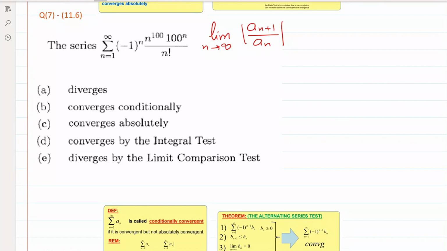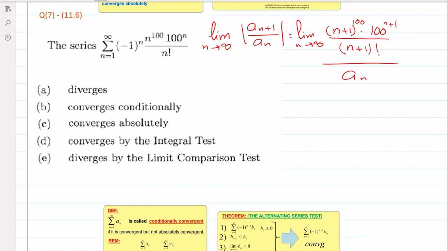Okay, this is equal to what? n plus 1 all to the power 100, times 100 to the power n plus 1, over n plus 1 factorial. You divide it by a_n, which is also a fraction, right?